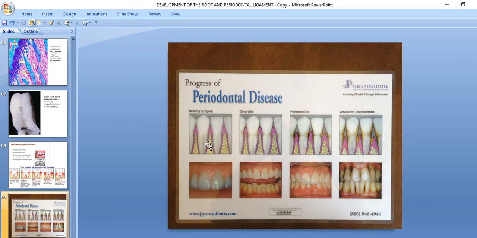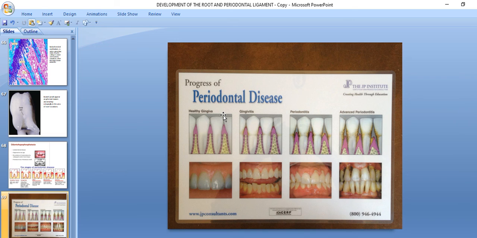And also here you can see periodontal disease, the most important clinical condition affecting the periodontal ligament, which is chronic inflammatory periodontal disease, in which toxic products are released by dental plaque lying in the gingival crevice and interact with the host defense mechanism, including gingival crevicular fluid.